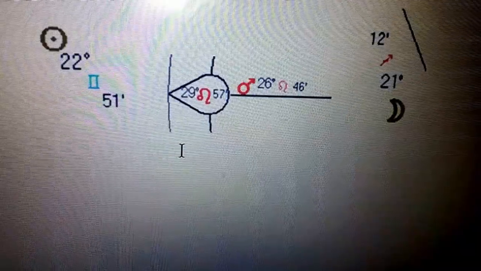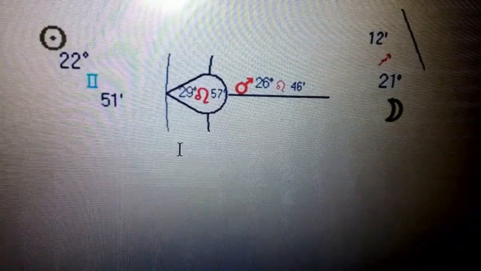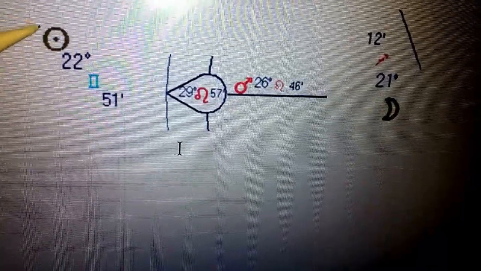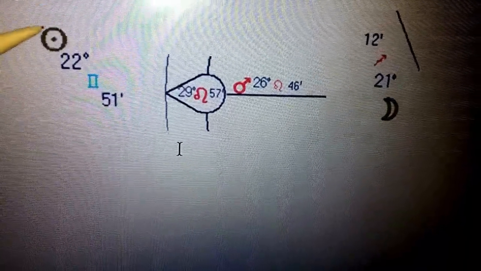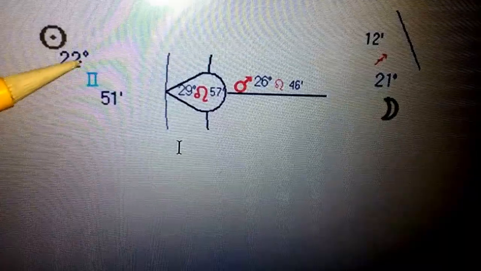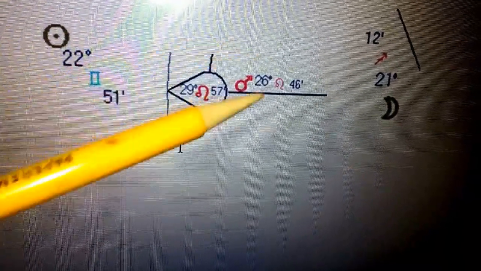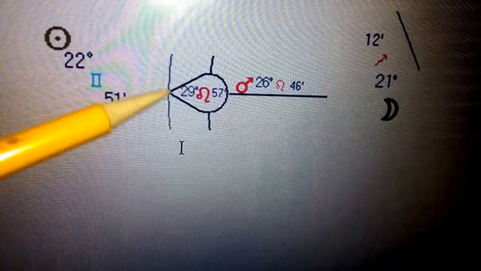So we've looked at the three main factors for the personality. We have Gemini at 22 in the 10th house. Combine those. Life is like minestrone soup. You put a little of this, a little of that, some basil, some garlic, and you blend it together.